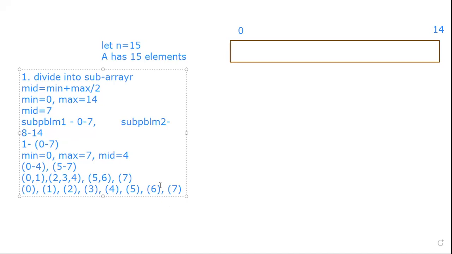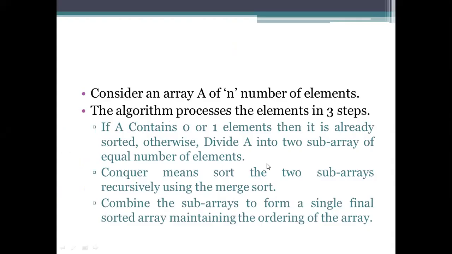And coming to sub-problem 2, we are also dividing in such a way and processing these elements here. How we process these elements is based on the sorting order, and we are implementing this by using recursion.